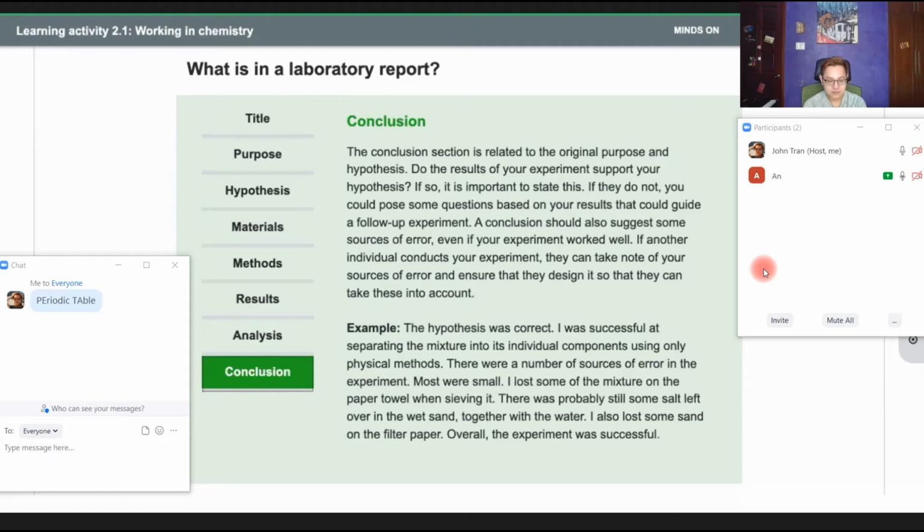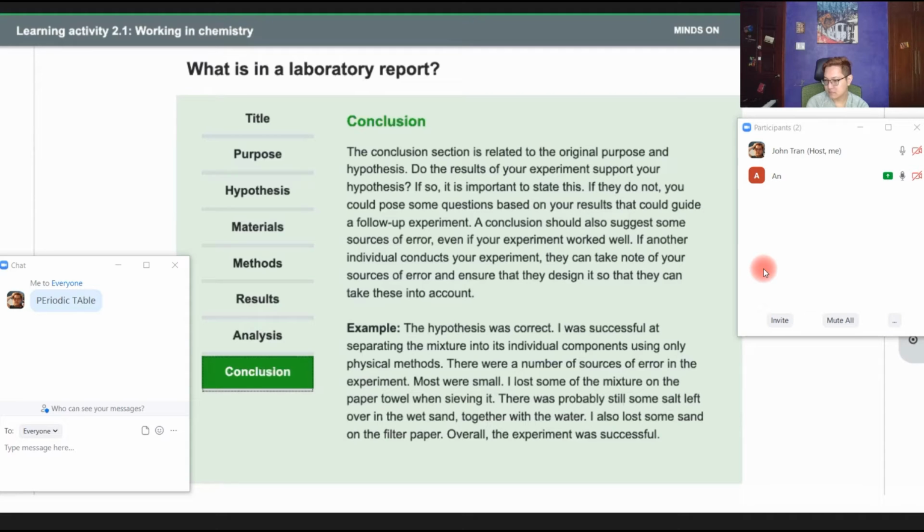Example: the hypothesis was correct. I was successful at separating the mixture into its individual components using only physical methods. There were a number of sources of error in the experiment. Most were small.